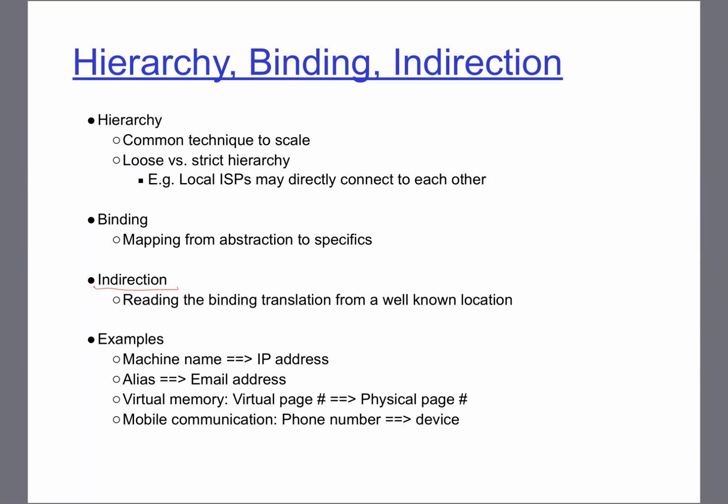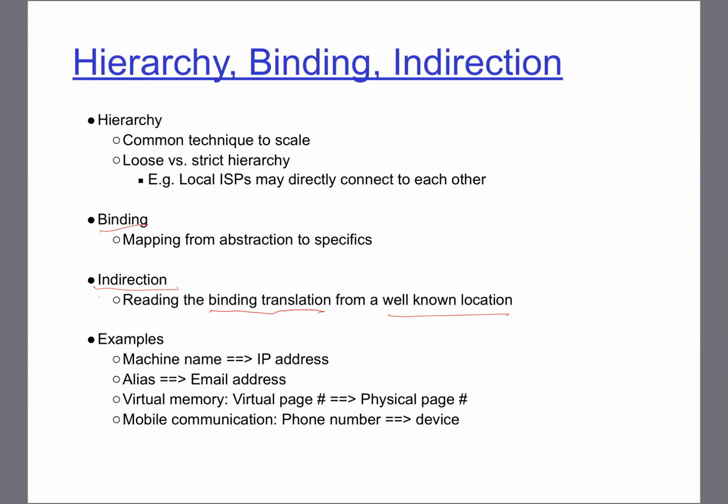So indirection basically means that you want to establish a binding translation, but in order to do that, you refer to some other well-known location, like a telephone directory or a telephone operator. Likewise, in the computer world, when you have binding, you need indirection to resolve name to resource mappings.